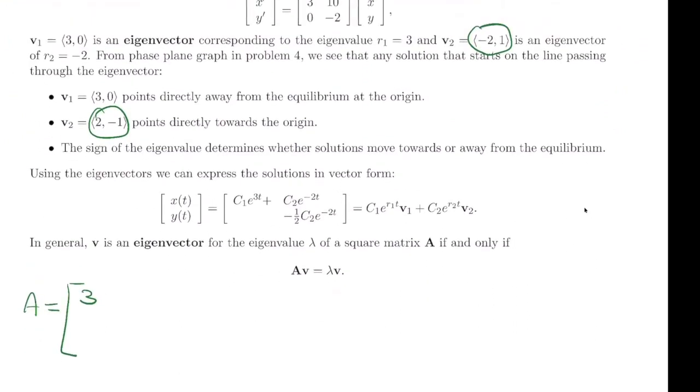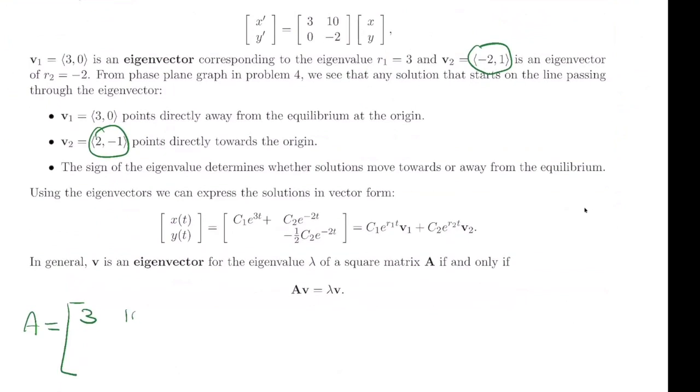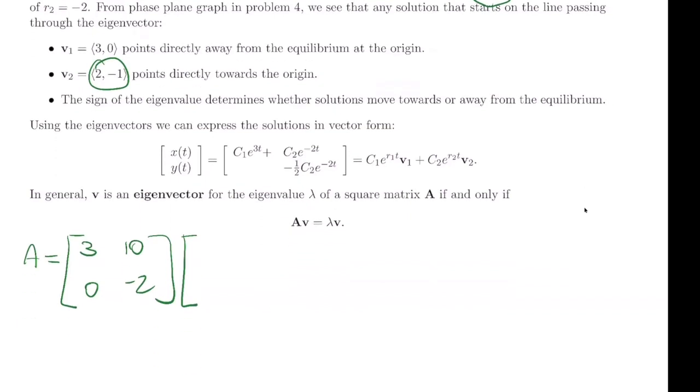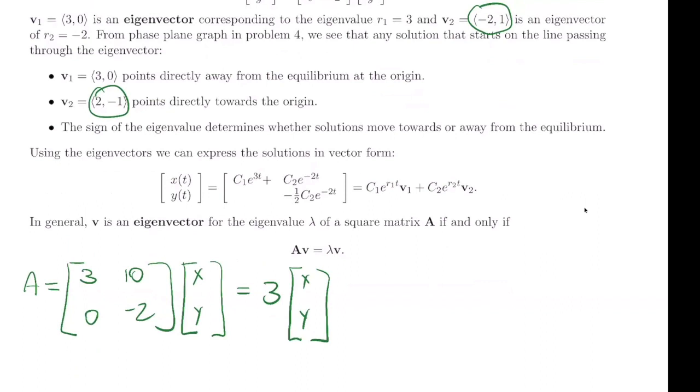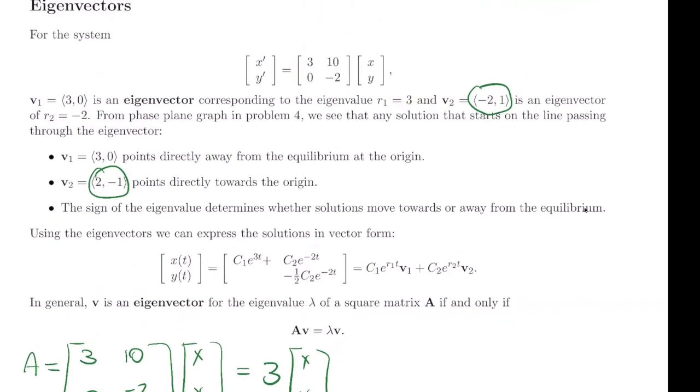So we've got our matrix over here, and let's just write it like this. What it means to be an eigenvector is we have these two eigenvalues.